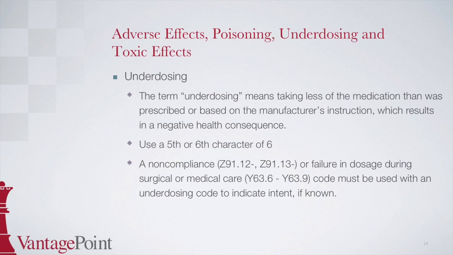Failure in dosage during surgical or medical care, which is subcategories Y63.6 through Y63.9, must be used with an underdosing code to indicate intent if known, such as Y63.6, underdosing and non-administration of necessary drug, medicament, or biological substance.